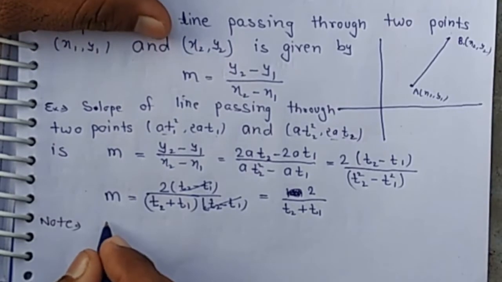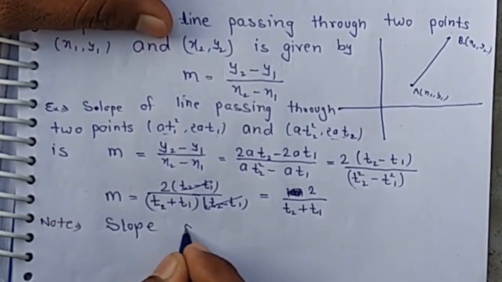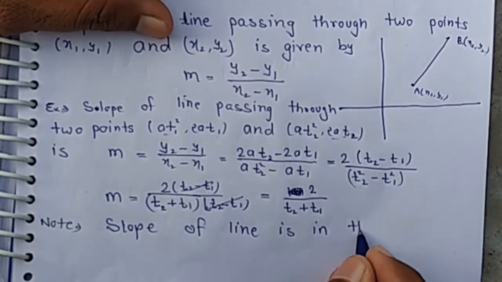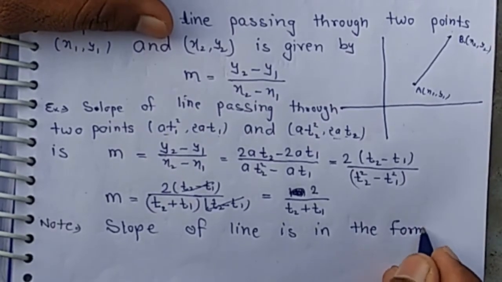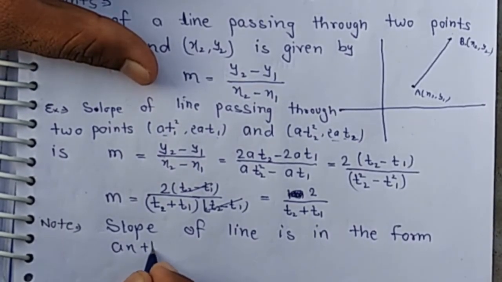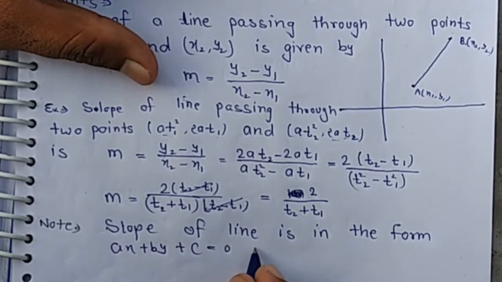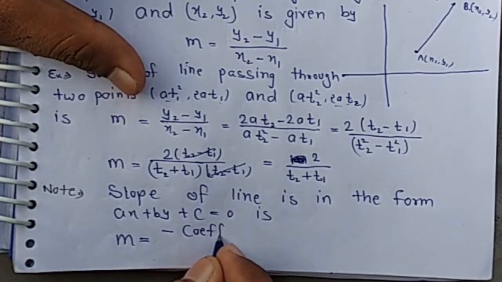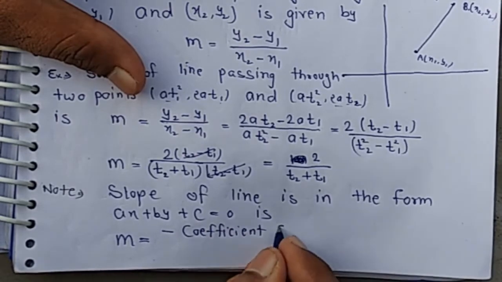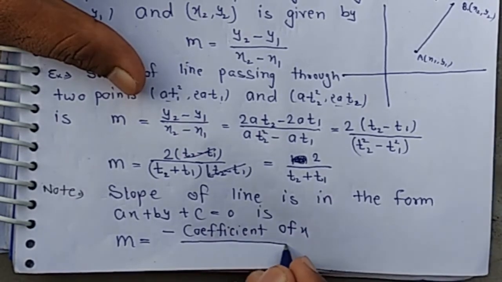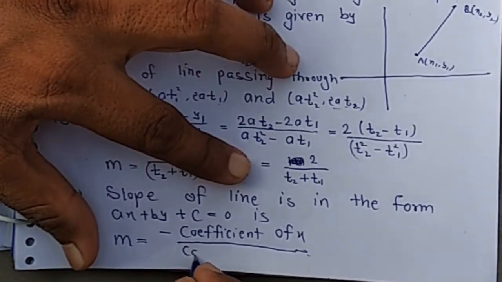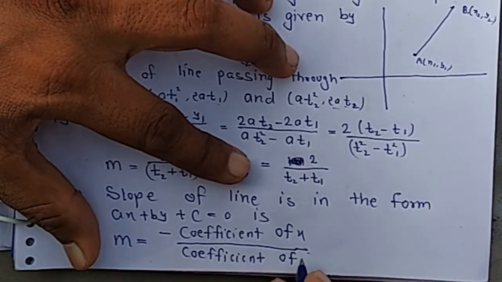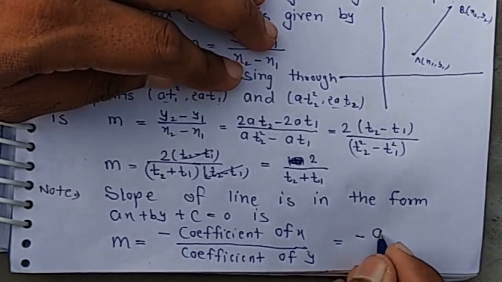Note, slope of a line in the form ax plus by plus c equal 0 is m equal minus coefficient of x by coefficient of y, that is minus a by b.